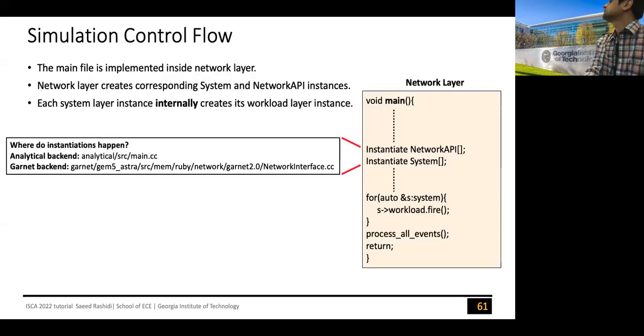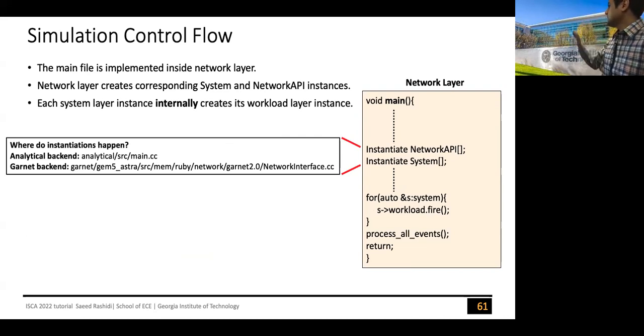Then the control flow of the simulation is that the entire main file is always implemented in the network layer, and in the main file of the network layer, you instantiate different system layers and workload, and the system layer automatically clones its own workload layer.